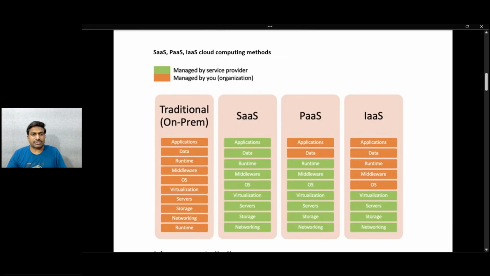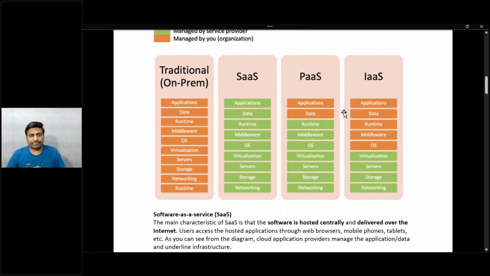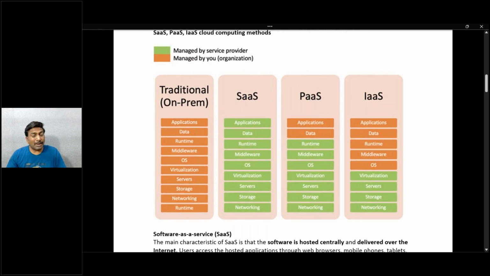So for this purpose, here is a comparison sheet. Traditional means on-prem, on-premises, non-cloud environment. Everything we need to take care. Whereas if it is SaaS, almost everything cloud will take care, except minor configurations and customizations.